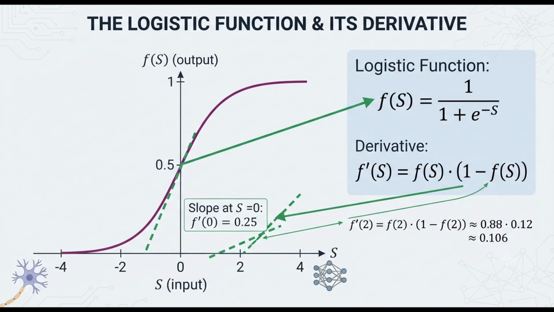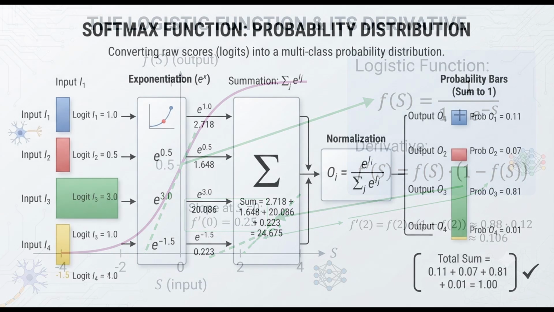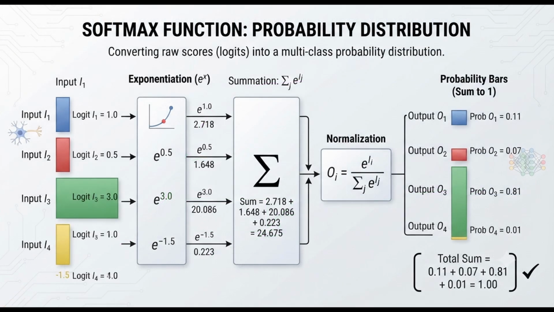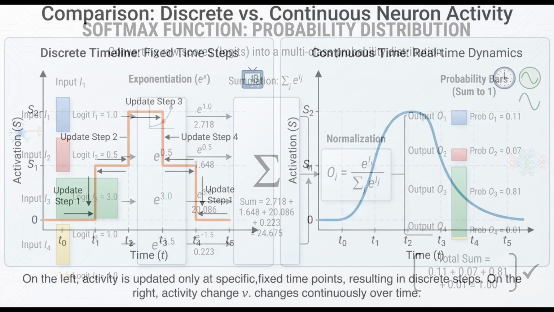They squeeze any number into a bounded range, usually between 0 and 1 or between -1 and 1, and can often be interpreted as a probability. And finally, the softmax function. It's typically used at the very end of a network when you want to turn several output values into a genuine probability distribution over multiple classes. All values are positive and sum to 1.